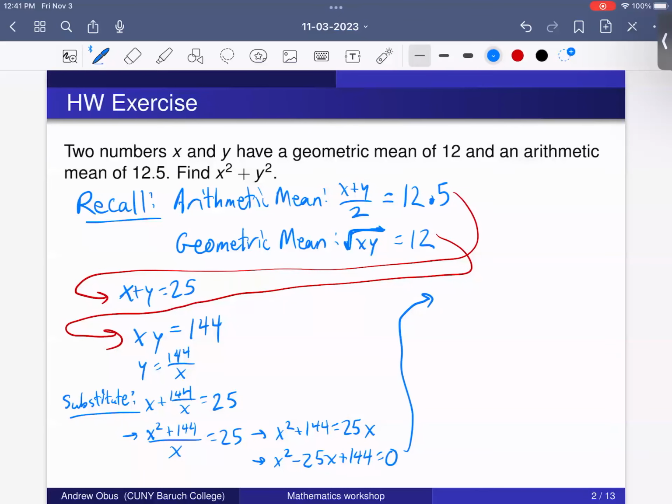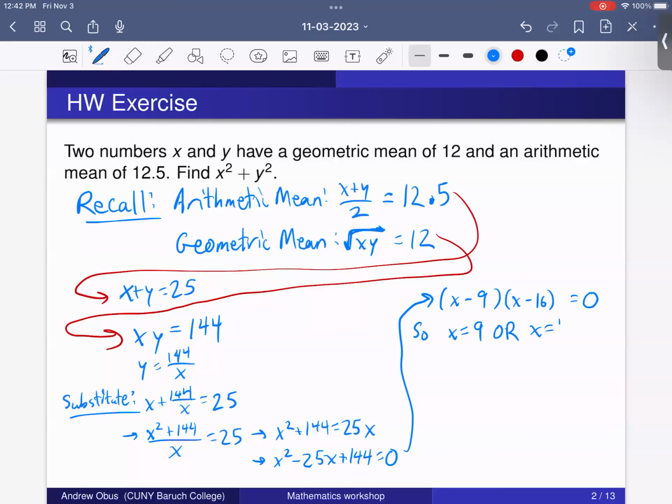So I open two parentheses and I distributed the x. There are factors of 144, and the two factors that work are 9 and 16. Great. So in the first parenthesis, it will be x minus 9, and the next one will be x minus 16. So solving for x, x will be equal to 9 or x will be equal to 16.